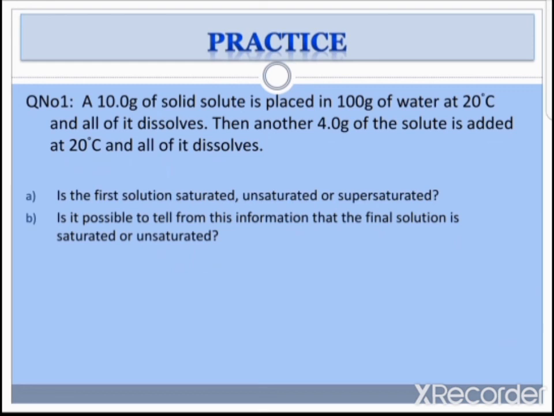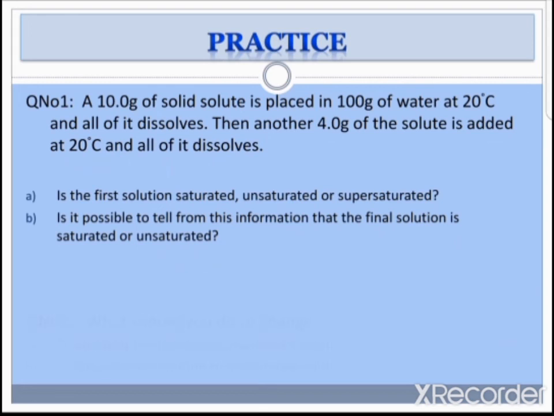Then another 4 grams of the solute is added at 20 degrees centigrade and all of it dissolves. Is the first solution saturated, unsaturated or supersaturated? Question number 2. Is it possible to tell from the information that the final solution is saturated or unsaturated?